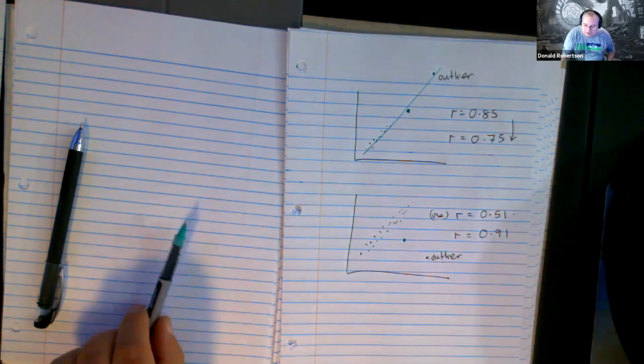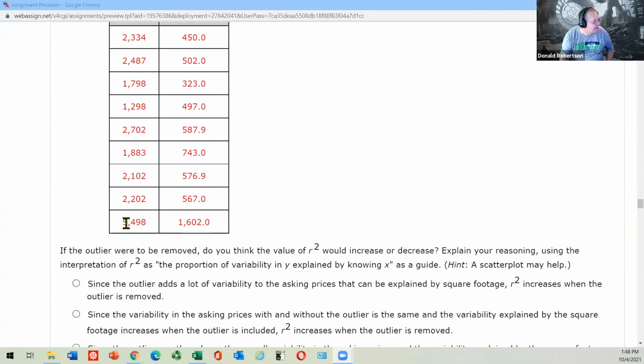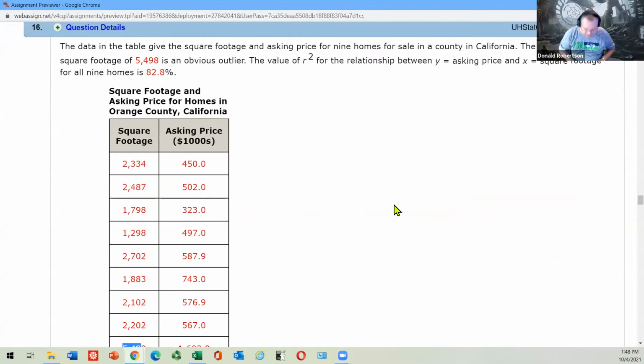So now we're going to have a look at that question. It took a lot of intro for a very quick answer. This guy is the outlier. Can you trust me that this data set is virtually a straight line and then a huge outlier pointing roughly in the same direction? Okay, so it's positive, bigger area, bigger price, going that way, and then the outlier.